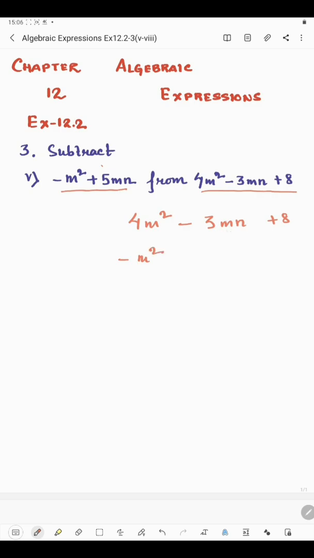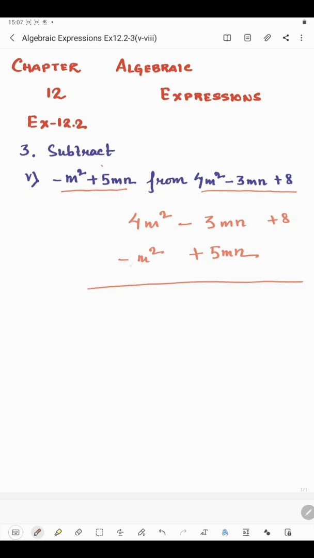Now the mn term is here, so we will have to write the mn term below the mn term, and along with the sign we will have to write the term. Now since we are subtracting this, the sign will change. Okay, whatever terms are present in the lower part, only those will change. Here we won't change the sign which is there in the upper part.